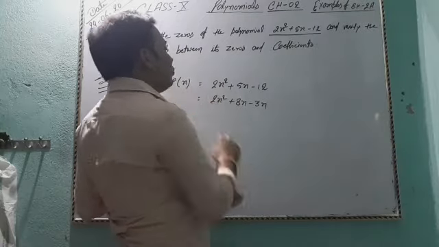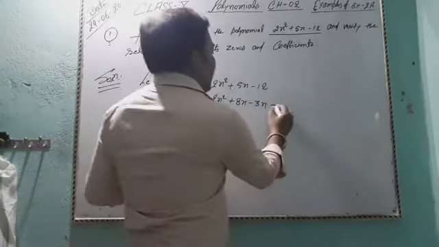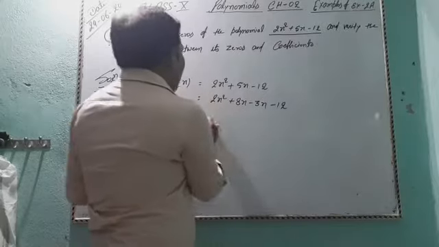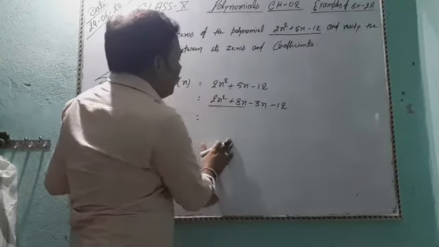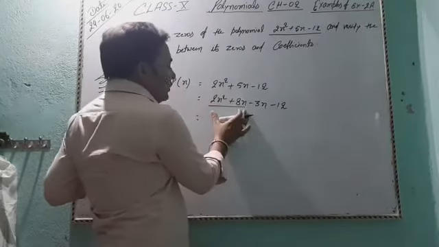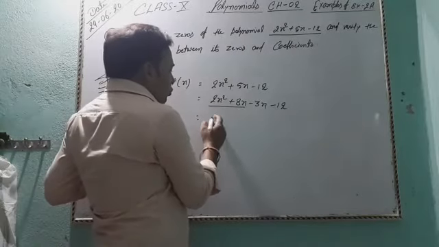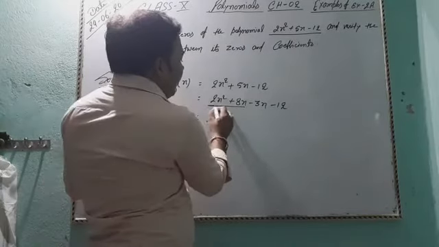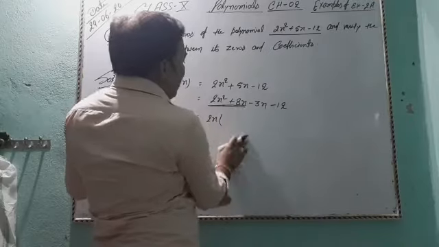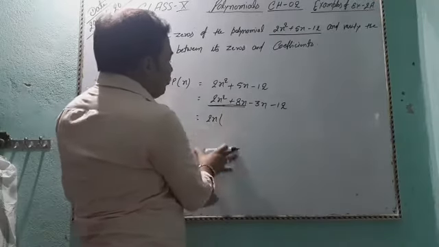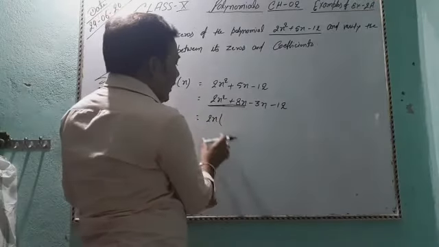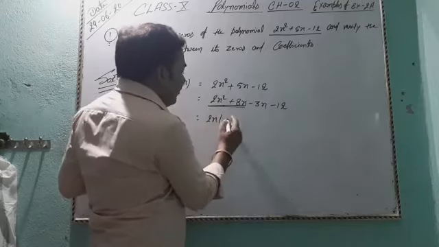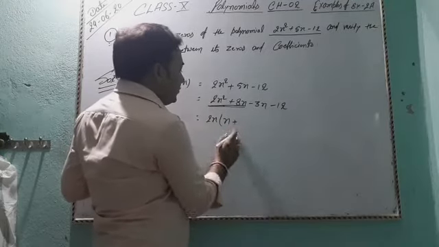Okay, first take 2x square plus 8x. In both terms 2x is common, then the rest is x plus 4.